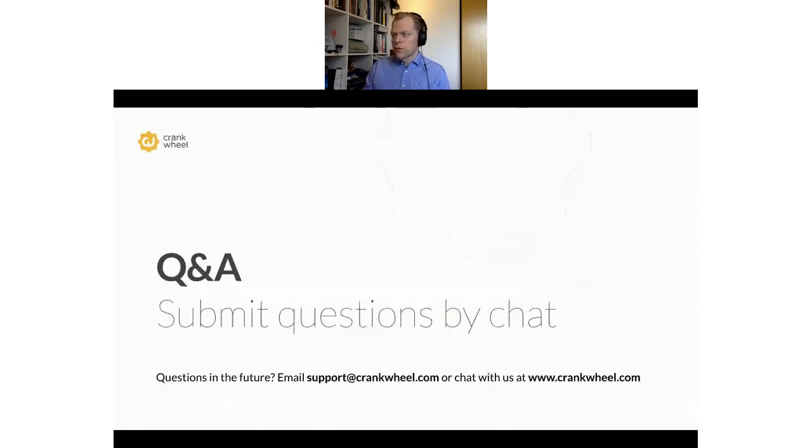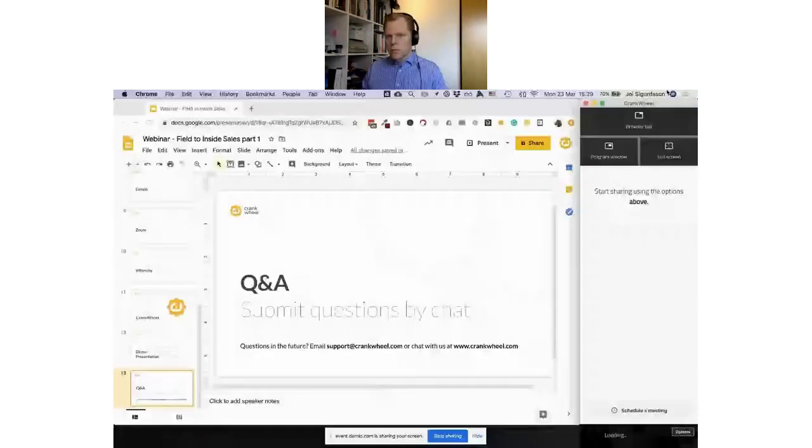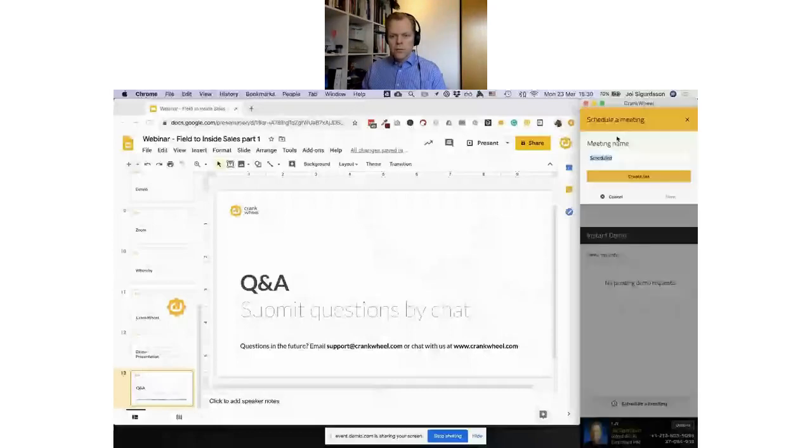Brian, can you do a future date link? Yes, you can. So when you open Crankwheel, there's Schedule a Meeting, and let's say Brian Yowie to discuss 2,000 seat license.